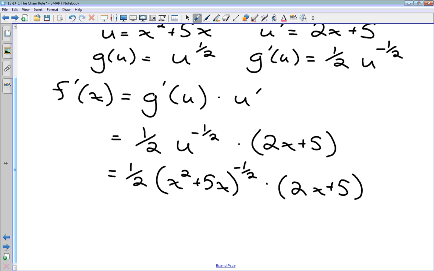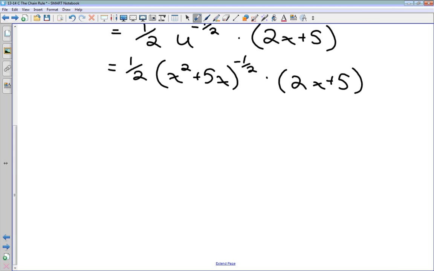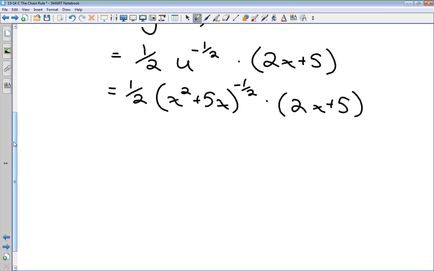Now, if we wanted to neaten this up a little bit, we can recognize that if we've got x squared plus 5x to the negative 1/2, that negative exponent can move that term down into the denominator. So we can have an x squared plus 5x all to the 1/2.